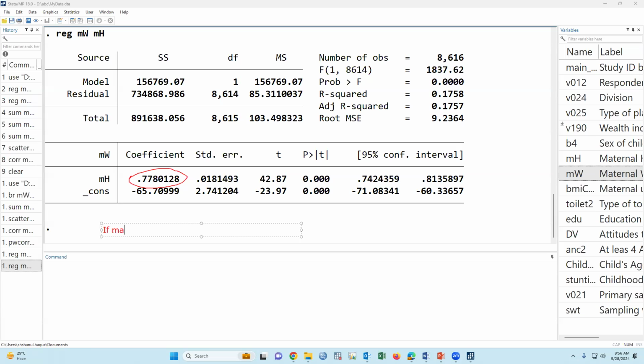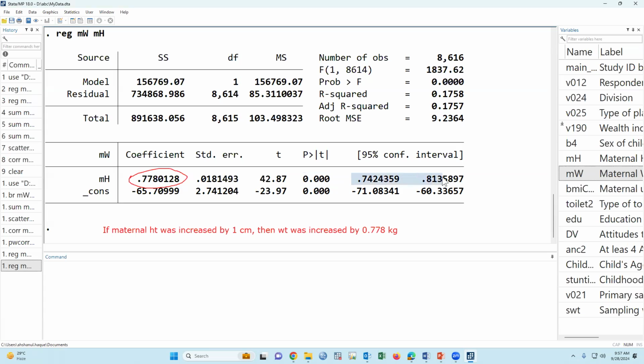If maternal height was increased by 1 centimeter, because the unit is in centimeter, then weight was increased by 0.778 kg. This is the interpretation. And the p-value is significant.